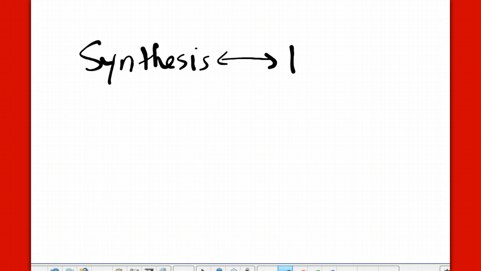Now, a decomposition reaction and a synthesis reaction are the exact opposites. So if you're ever wondering what happens when you disassemble something, if you can remember how you make it, then you have your answer.